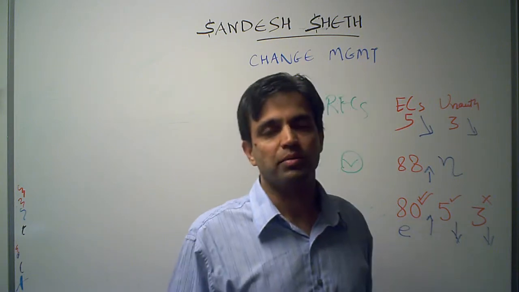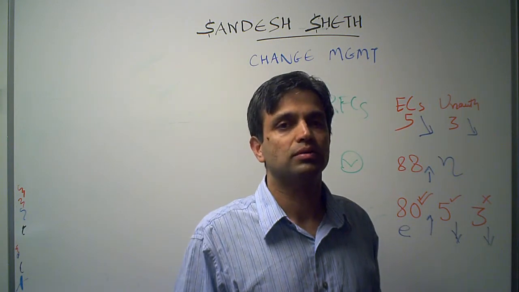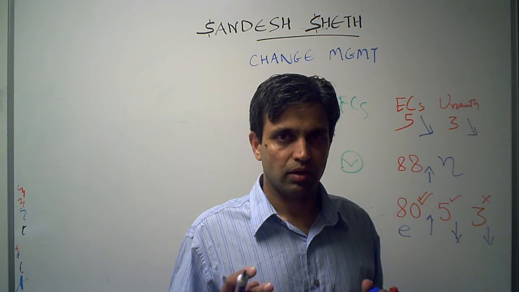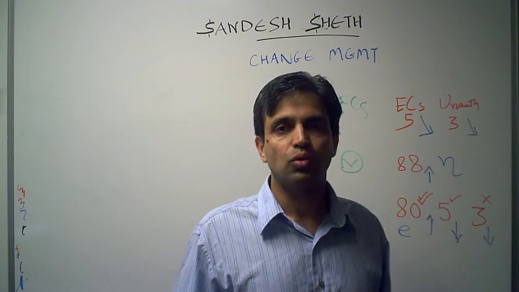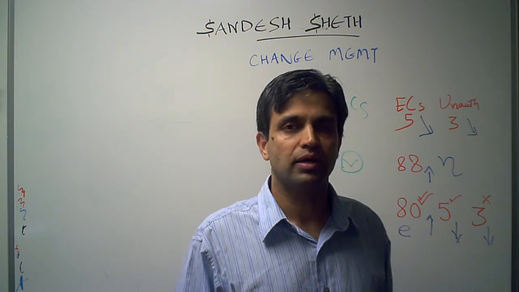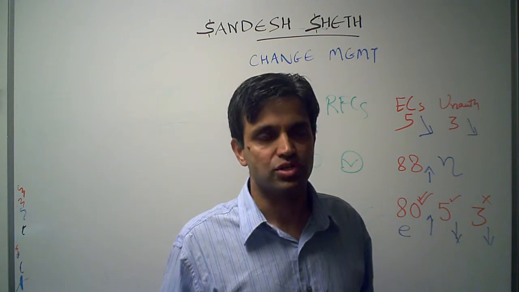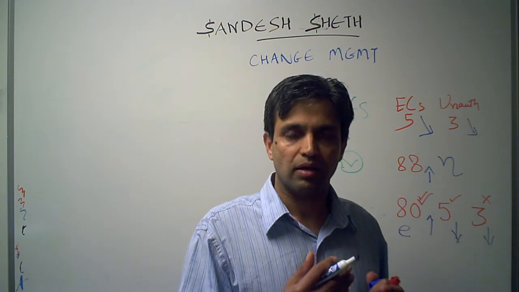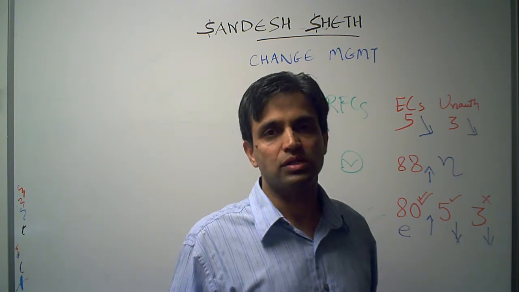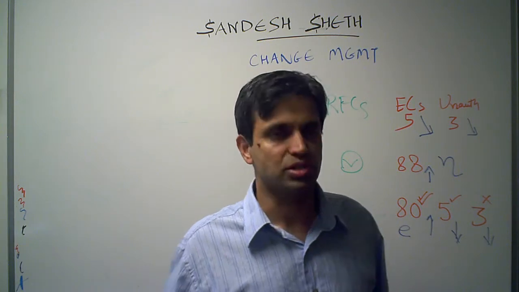3 additional parameters that we need to monitor are: what is the total effort involved in implementing the change, and by that we also determine what is the average effort per change.